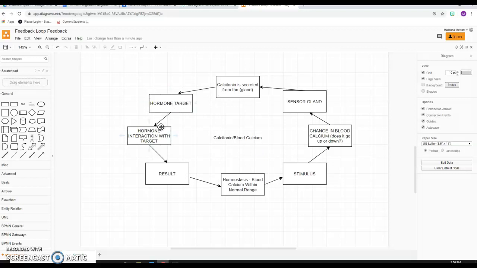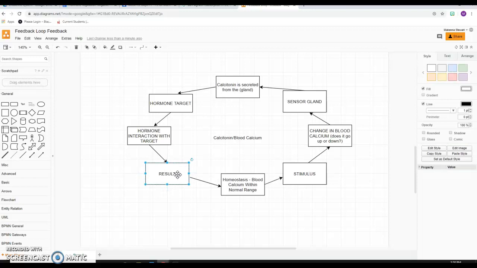We have to actually talk about what calcitonin interacts with to create that result. Calcitonin is secreted from the sensor gland. What's its target? Where does it travel to? How does it interact with that target? And then what is the result?